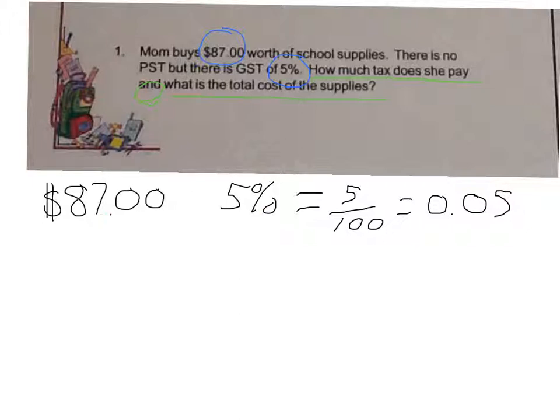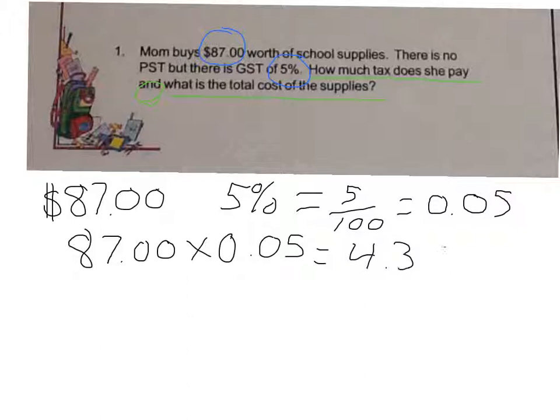So within your calculator, you can go 87 times 0.05. And that's going to come up with 435.